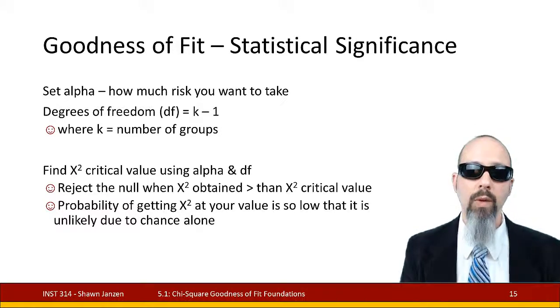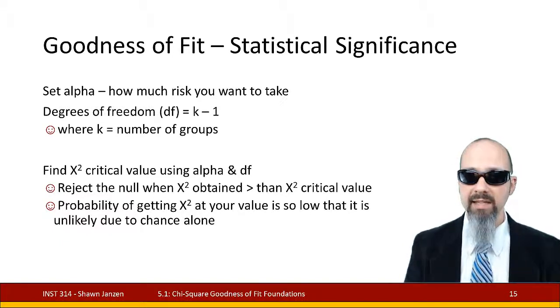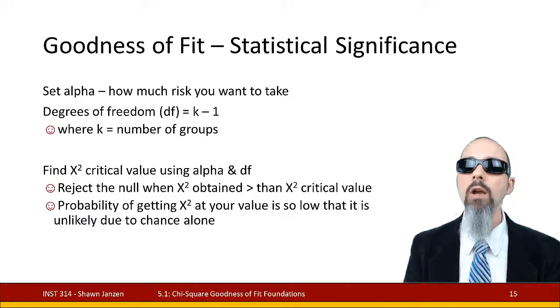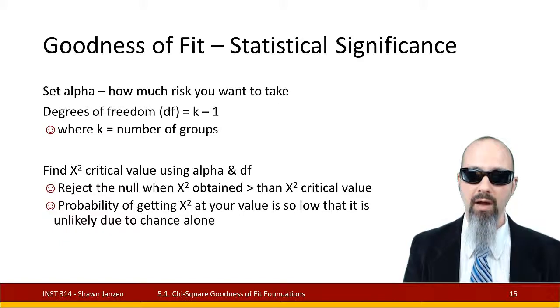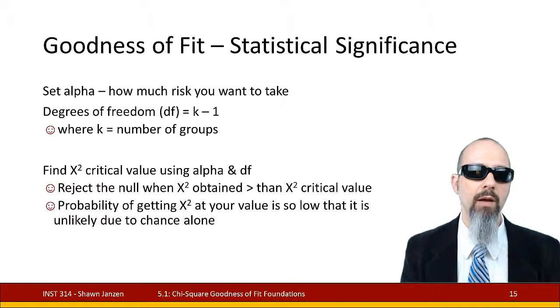And therefore, we are statistically significant and we can reject the null hypothesis. So keep in mind, the chi-square value we obtain has to be larger than the critical value, or the p-value of that obtained chi-square value has to be smaller than our alpha. Again, the bonus video is going to help clarify this a little bit more.